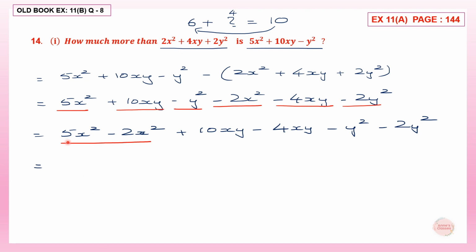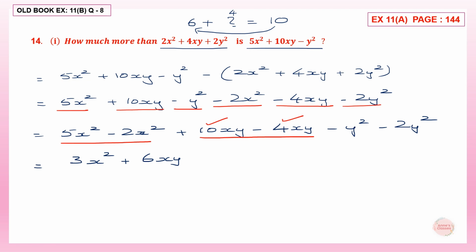So here we have 5x square minus 2x square. Take only the numbers: 5 minus 2. 5 minus 2 is 3. So that becomes 3x square. Then let's go to the next one. Here we have 10xy and minus 4xy. Take only the numbers: 10 minus 4 is 6. So plus 6xy.